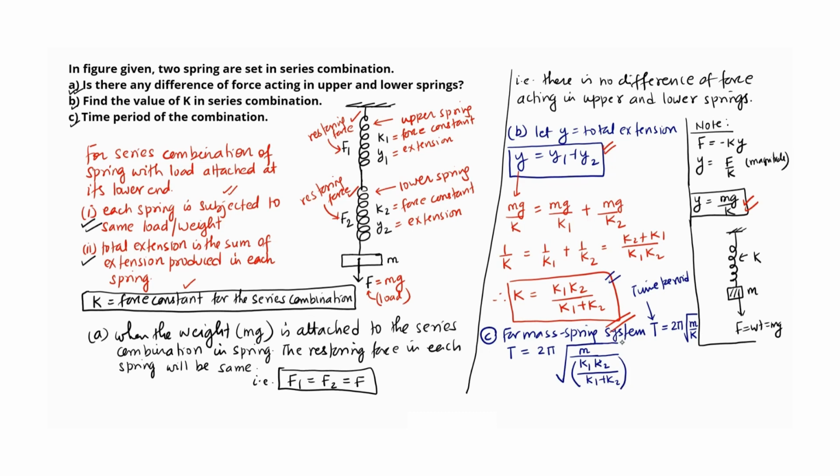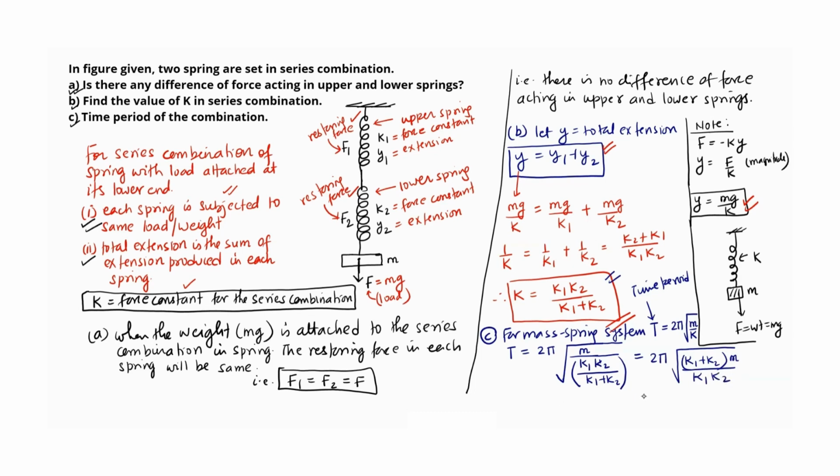So we can write 2π under root of (k1 plus k2) times m by k1 k2.